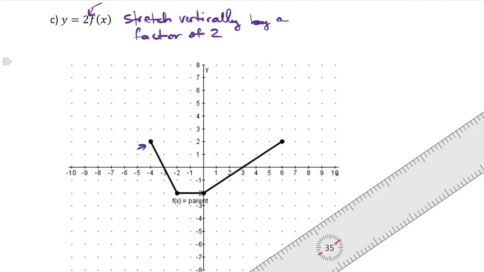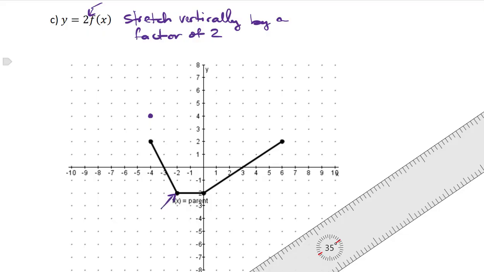So looking at our first point, the y value there is 2. We're going to double that. So we don't change the x coordinate at all. So doubling the 2 gives us a 4. So that means the point -4 followed by 2 is now -4 followed by 4. So we're stretching it out.